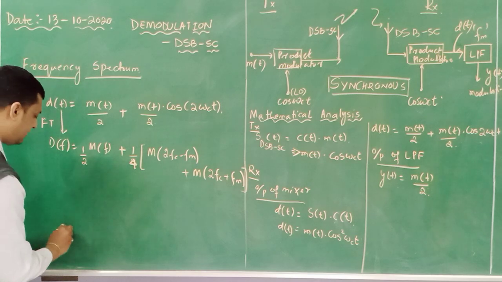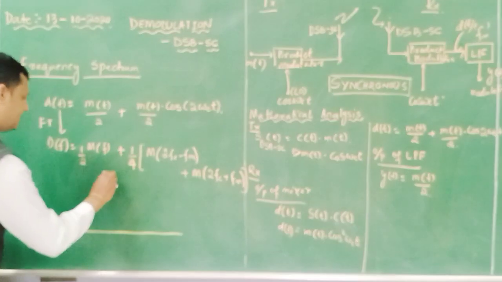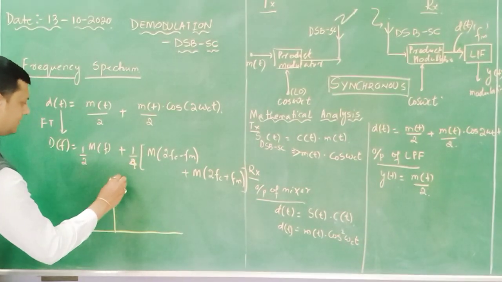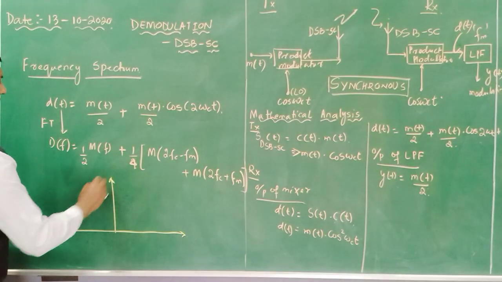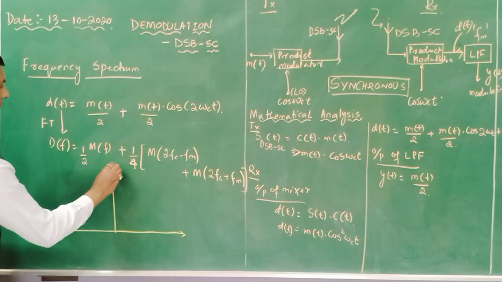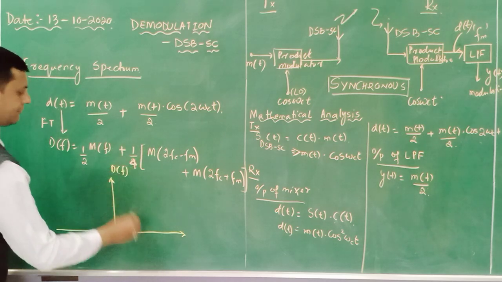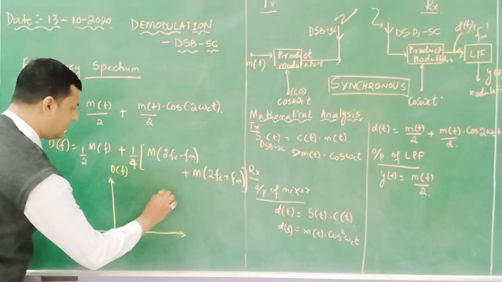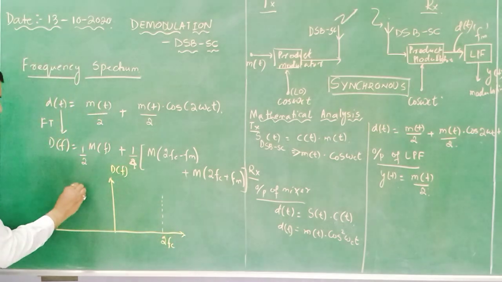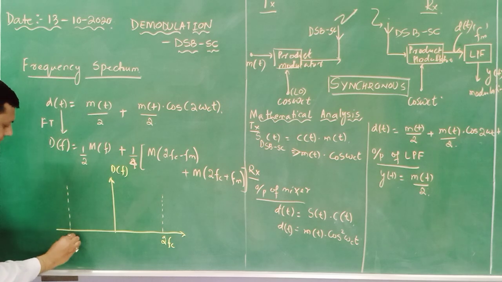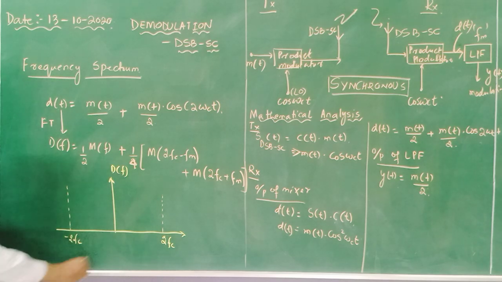If I draw the spectrum, let us consider this is d of f. We need to represent this value, d of f. So first, this is 2fc and this is minus 2fc.